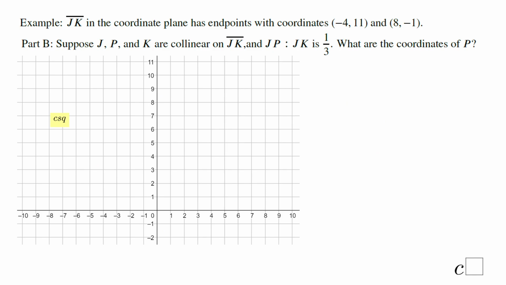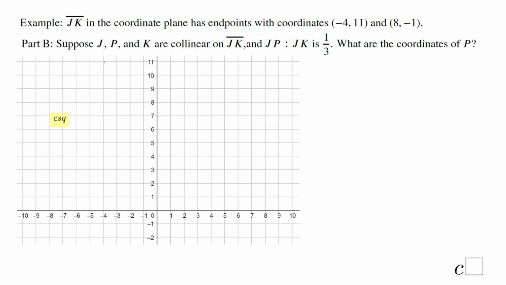Part B, on the same thing. If you remember, suppose J, P, and K are collinear. On JK, we need to find the segment that is 1, 2, 3. Okay, so again, I'm going to use this slide very fast.